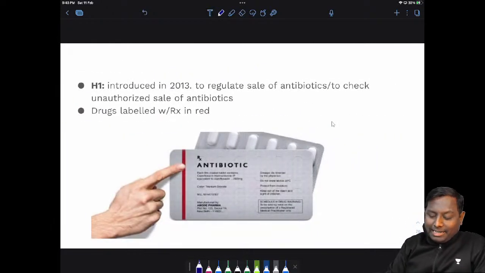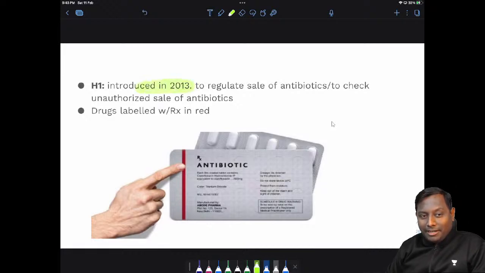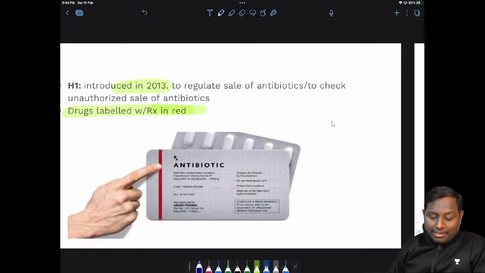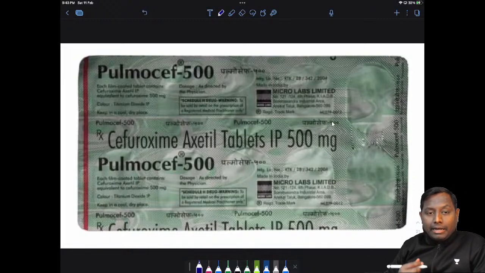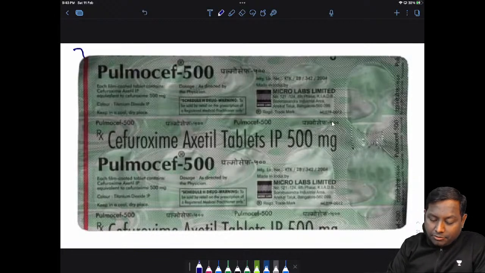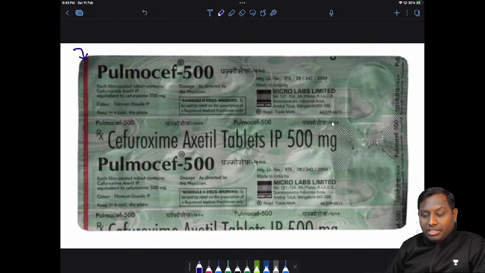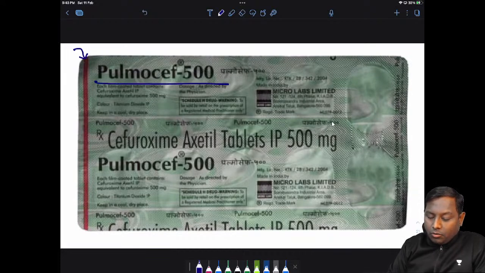Let's go. H1, I think it's mentioned here that it came into existence in 2013. And all the drugs that come under this one will have a red line on the left hand side. A very good example here will be this one. Can you see here? There is something called Pulmocef 500. It is known as your brand name.